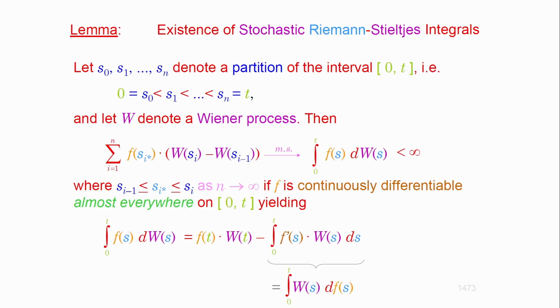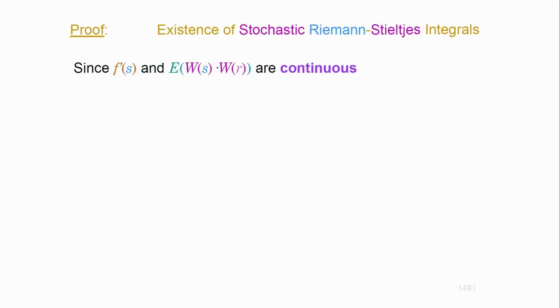All right? So let's prove this, and then we take a break. I think that would be the case. Now, the function, which was the derivative, is supposed to be continuously differentiable, and the other function is also continuous, both almost everywhere.